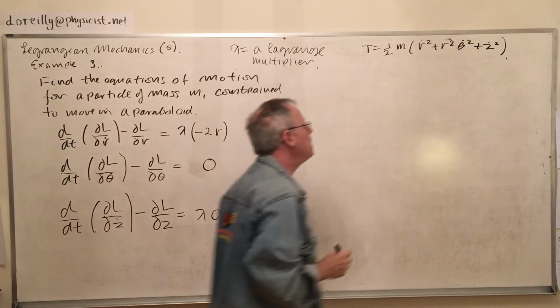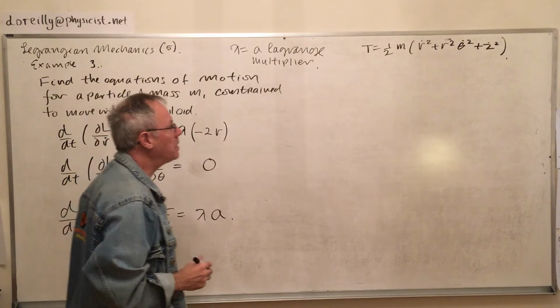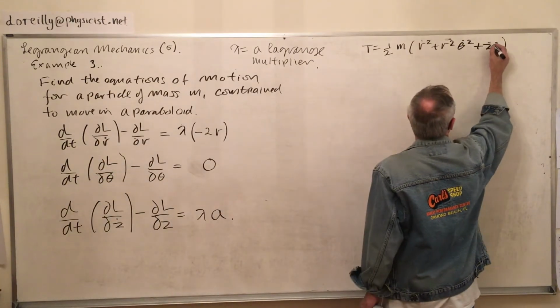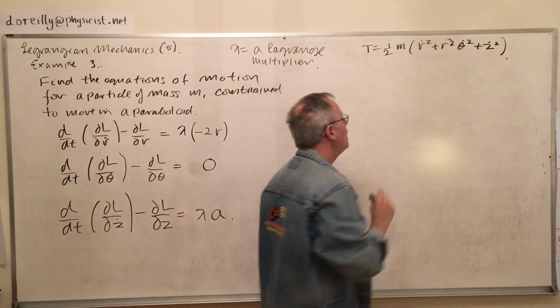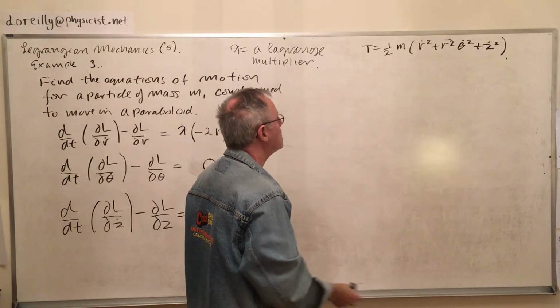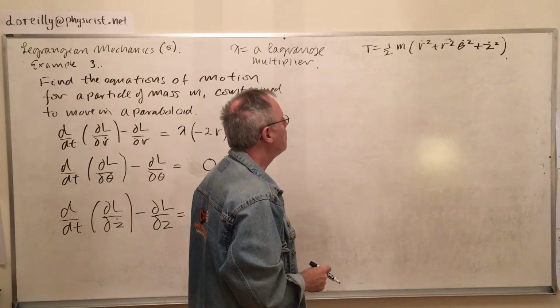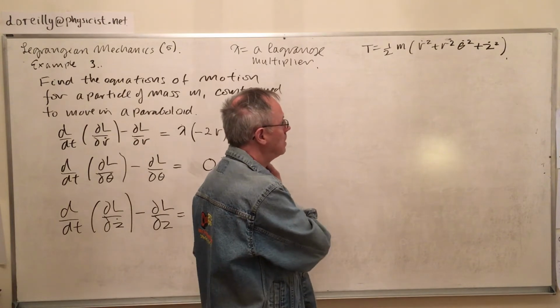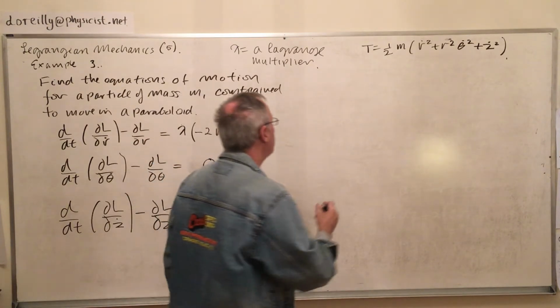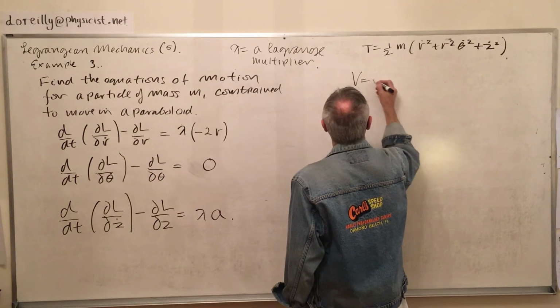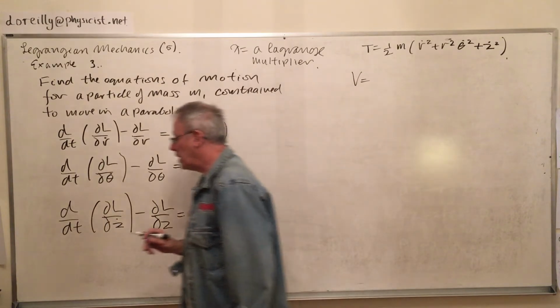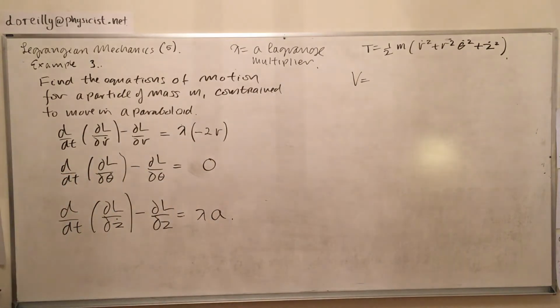Now that's the velocity, the kinetic part in terms of cylindrical velocities, r dot squared, theta dot squared. It's just like taking the distance element in cylindrical polars and then their derivative. Now the V is just, I think it's mgz actually.